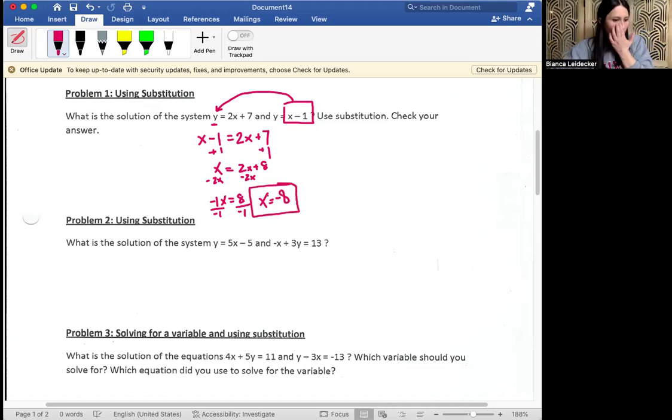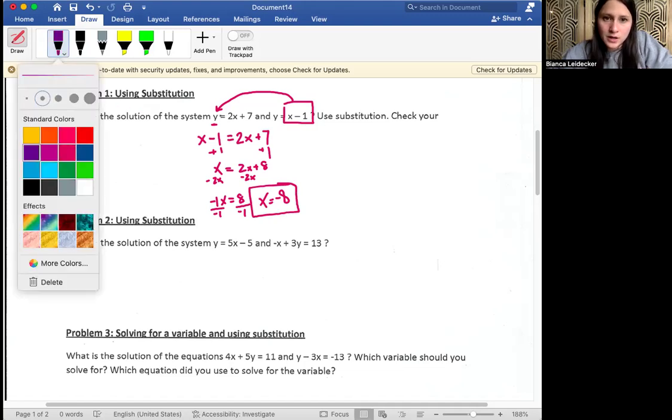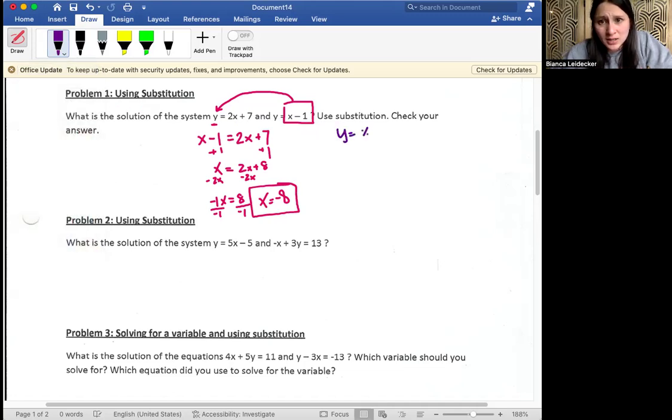Okay, so I've gotten x. Now that I've solved for x, I can either plug x into the first equation or the second equation, and both of them should give you the same solution for y. I'm going to pick the less complicated equation, y equals x minus 1, and replace x with negative 8.